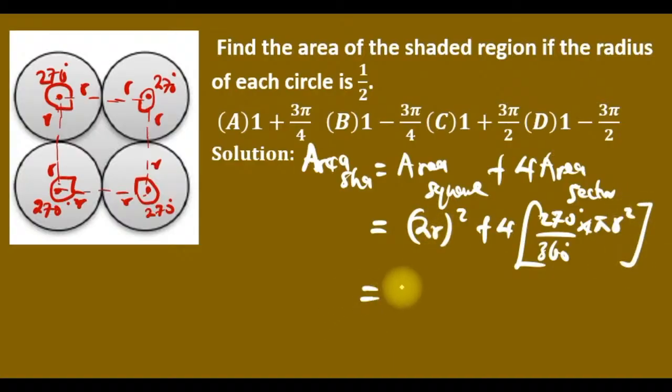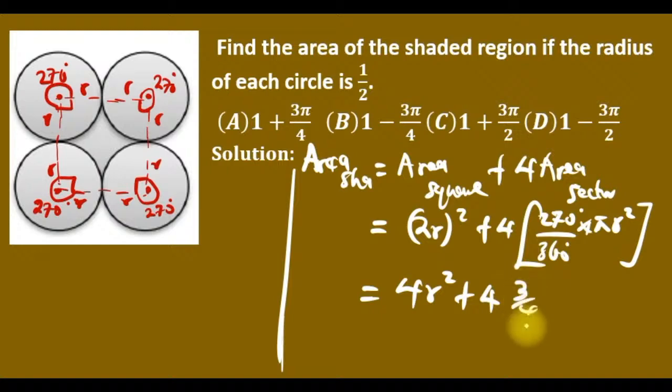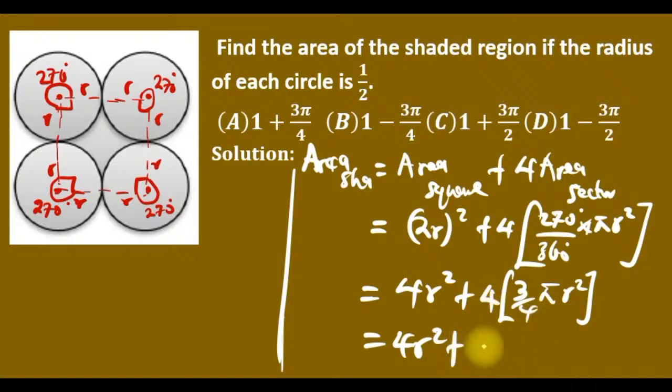So we have 4r squared here, and 9 in 36 is 4, so we have 3 over 4 pi r squared. So this is 4r squared plus 3 pi r squared, and they told us r.